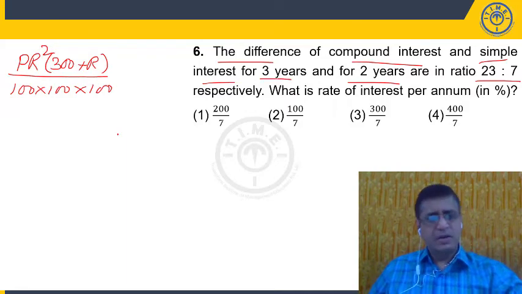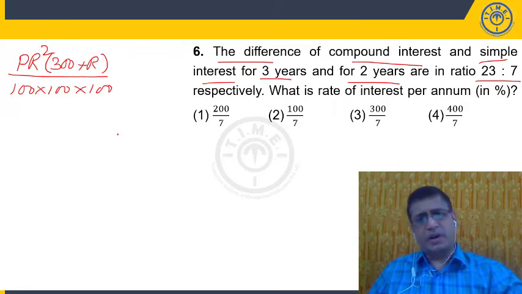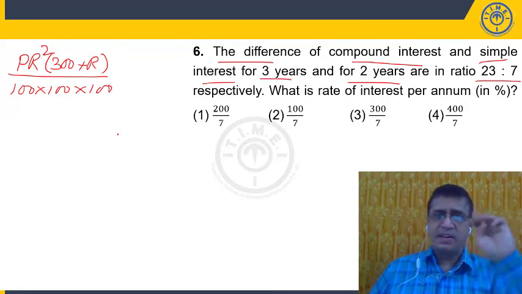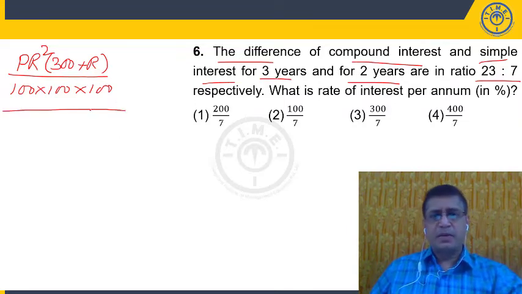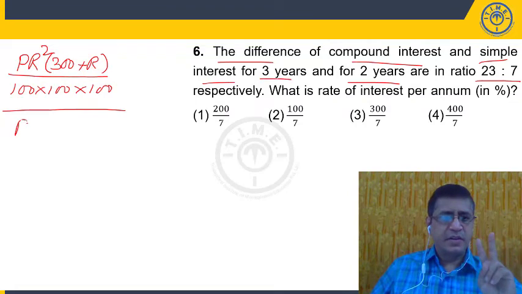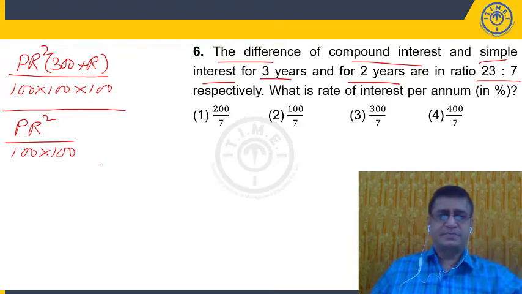This is the formula to find the difference between the compound interest and simple interest over a period of 3 years. What about 2 years? For 2 years, PR square by 100 into 100. This is for 2 years.